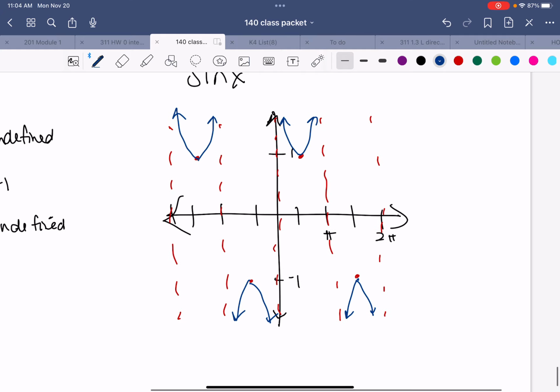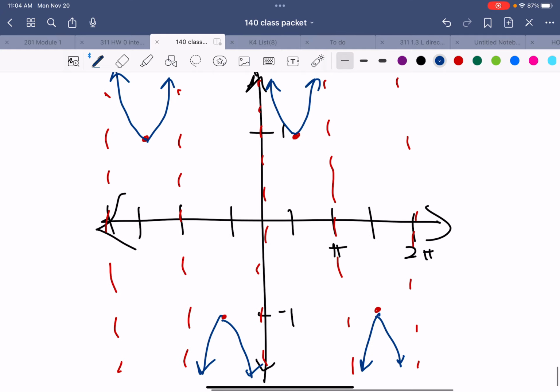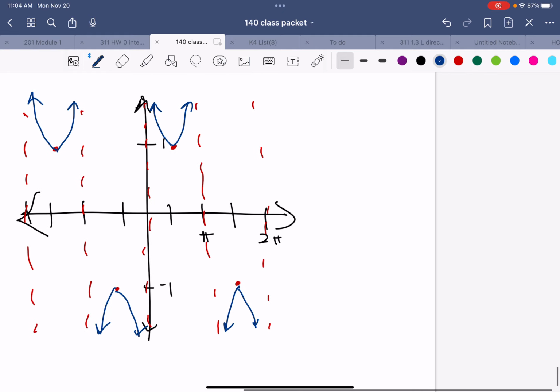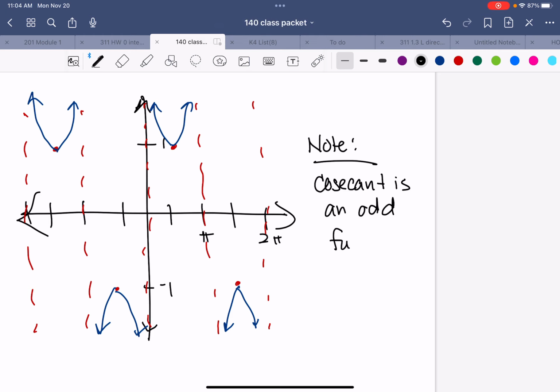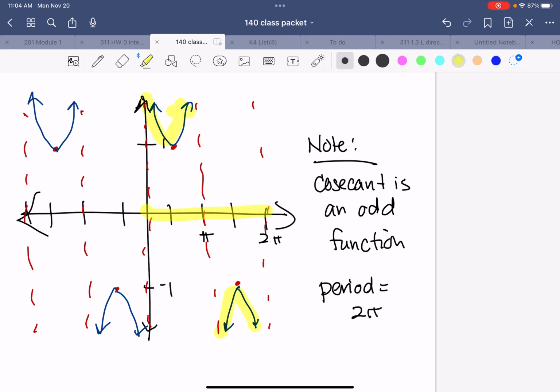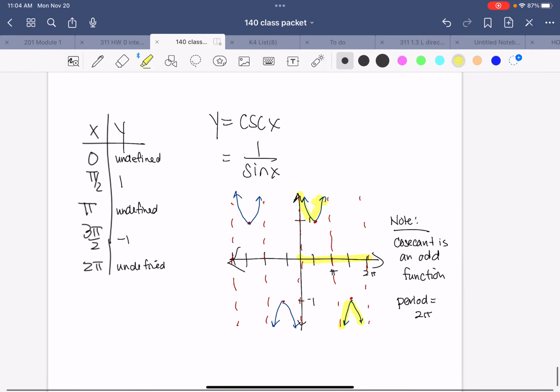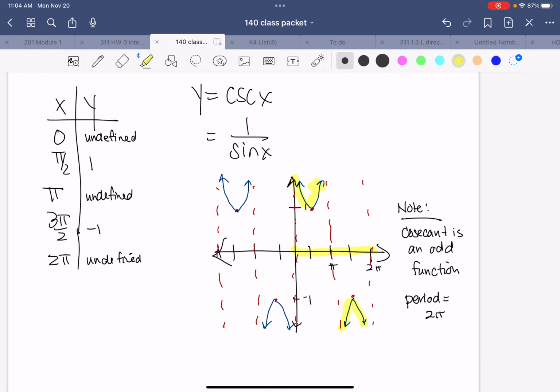Okay, so again, we're not going to talk about the amplitude. This one, if you fold it at the y-axis, it's not symmetric, but it is odd. So we're going to make a note. Cosecant is an odd function. Okay, and the period here is also 2 pi because we need this piece and we've got to go all the way out to 2 pi to get it. Okay. And those are our 6 trig function graphs.